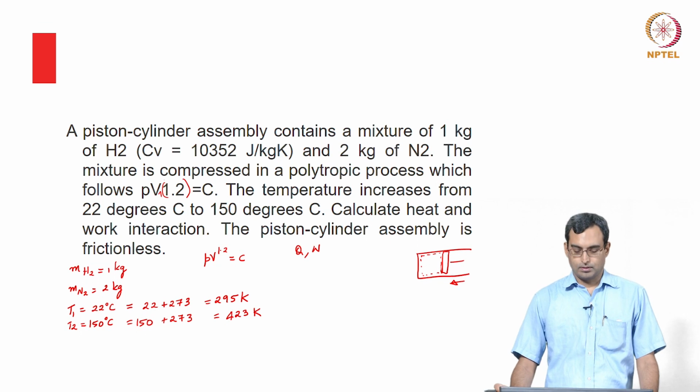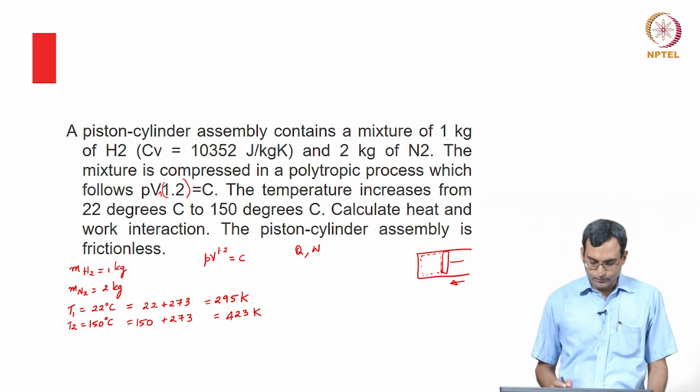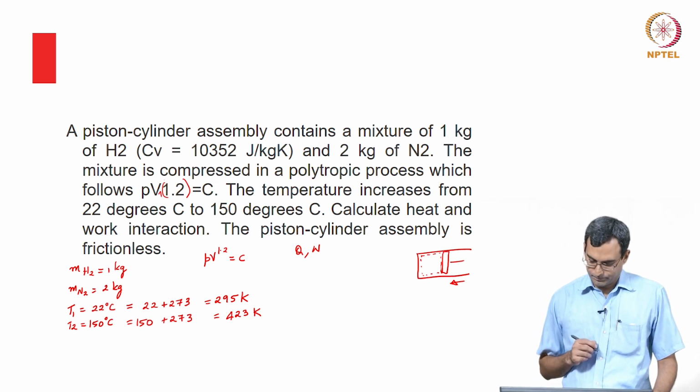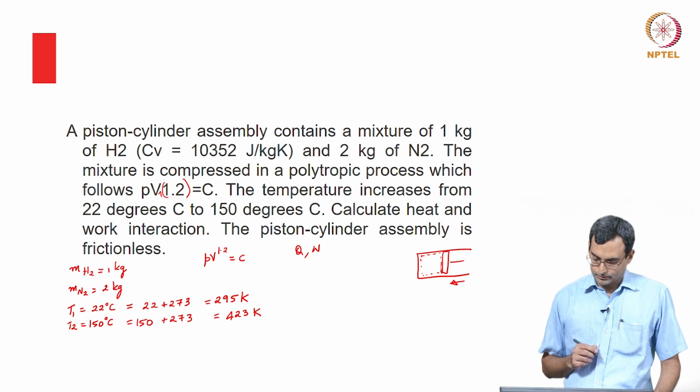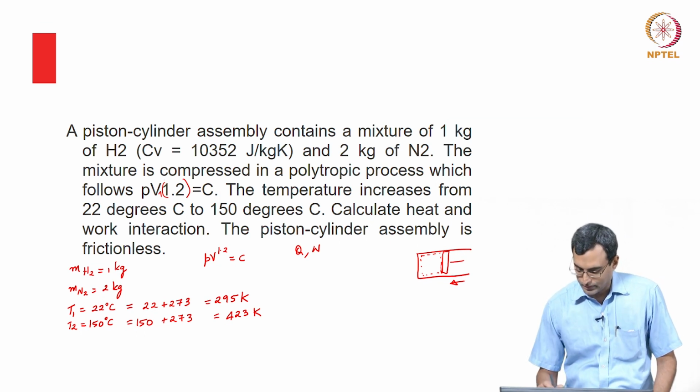If we know all of the properties of the substances, then it's sufficient to know two properties. So, let us see if that will work over here. We know the mass, we know the temperature, and what else do we know? That is more or less what we know. Okay, let us see what we can do.